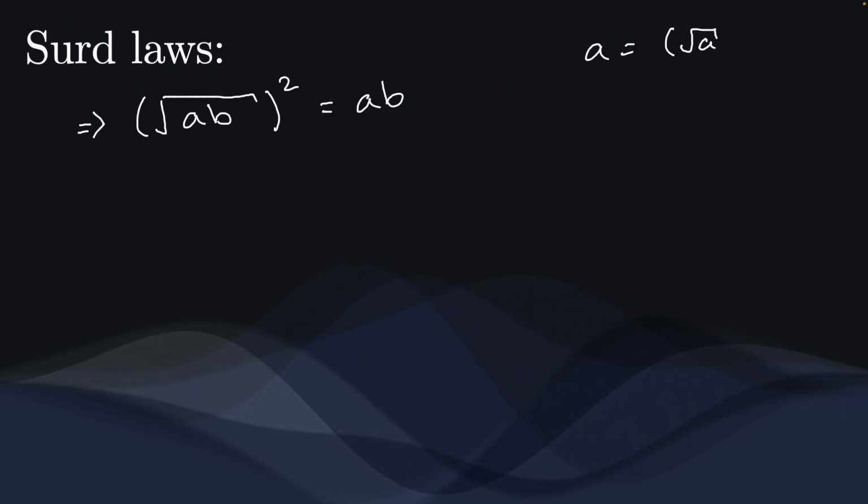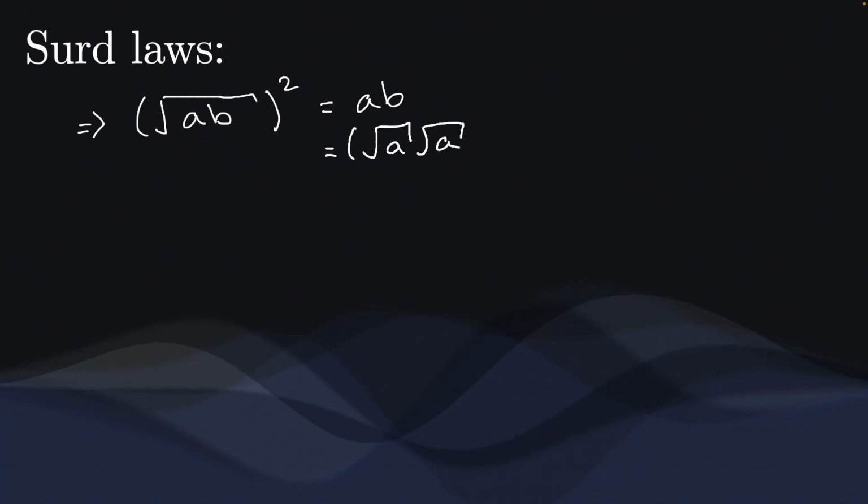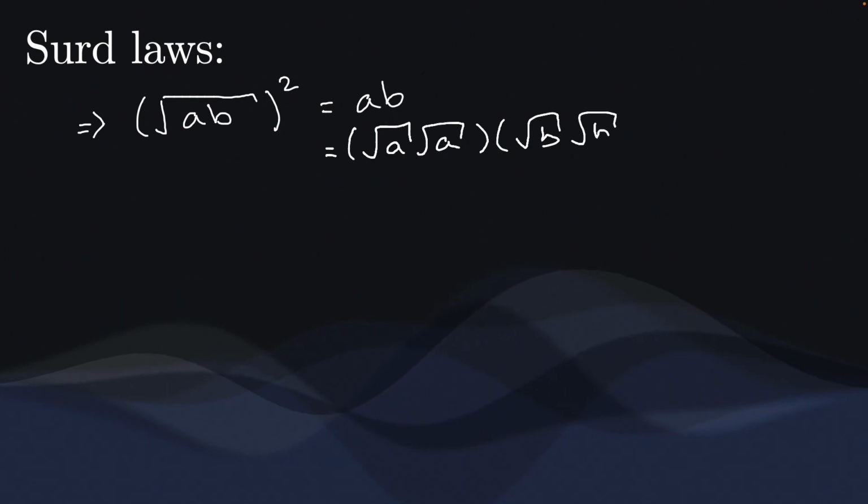So, therefore, what we can do is say that that is equal to the square root of a times the square root of a times the square root of b times the square root of b.